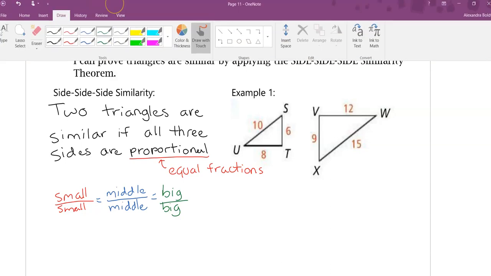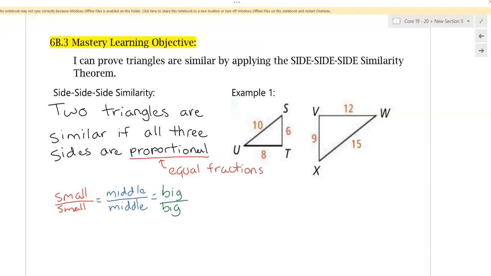Okay? And if all of those are equal, then you can say your triangle blank is similar to triangle blank by side. Okay.